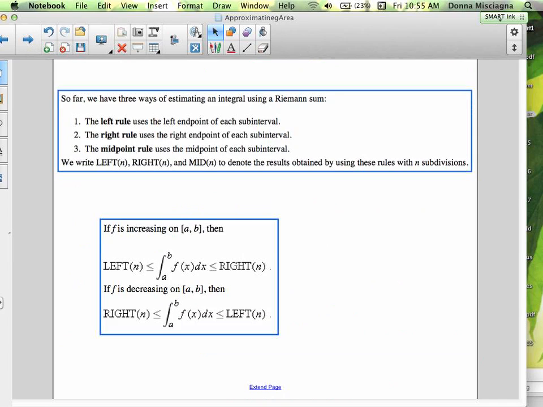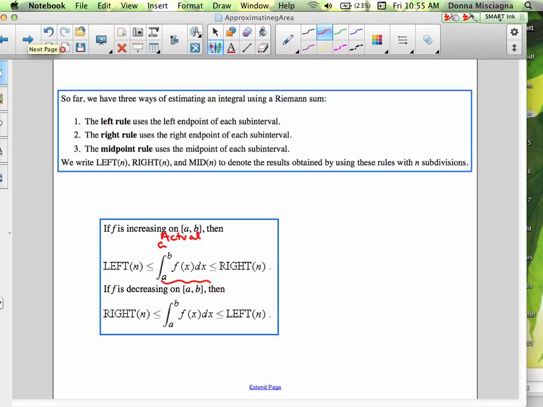Right? So if f is increasing on AB, then the left is the underestimate and the right is the overestimate, and the actual value, the actual area under the curve, so this right here is referring to the actual area under the curve. And we're going to learn all about that notation.